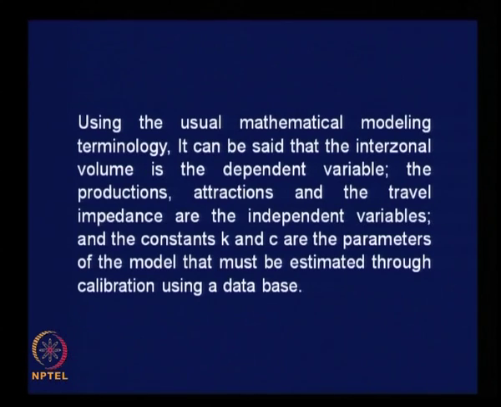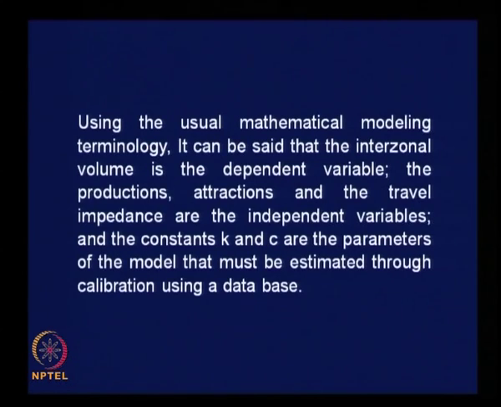And the same statement that we made just now can be understood in a mathematical format like this. It can be said that the interzonal volume Tij in the equation is the dependent variable.